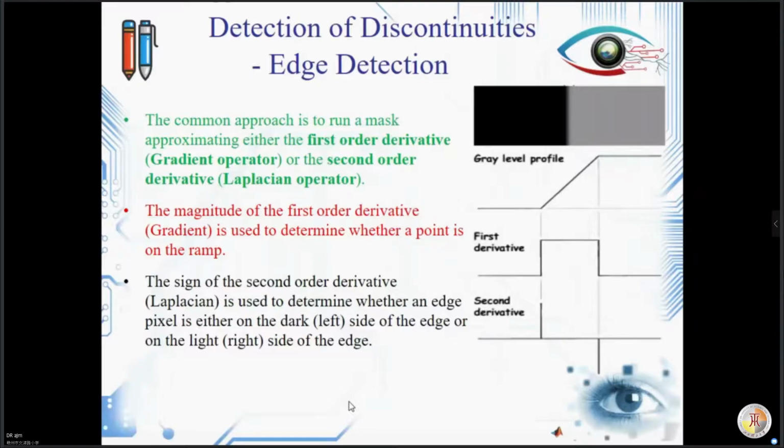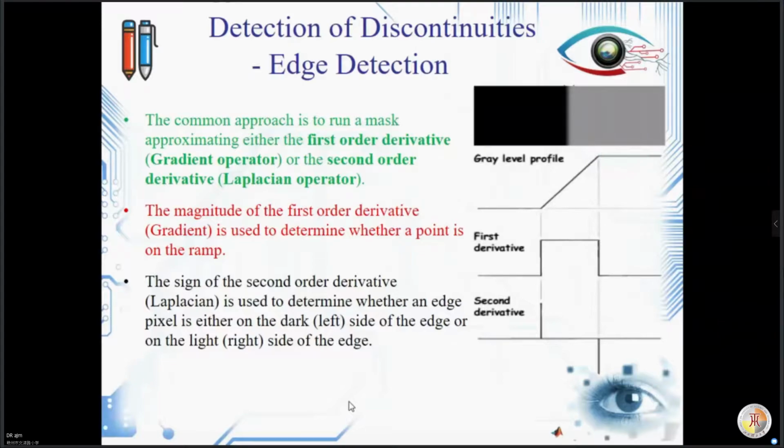The magnitude of the first order derivative, or gradient, is used to determine whether a point is on the ramp, and the sign of the second order derivative, or Laplacian, is used to determine whether an edge pixel is on the dark side or the light side of the edge.